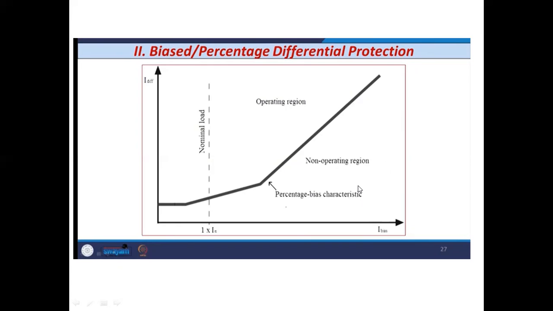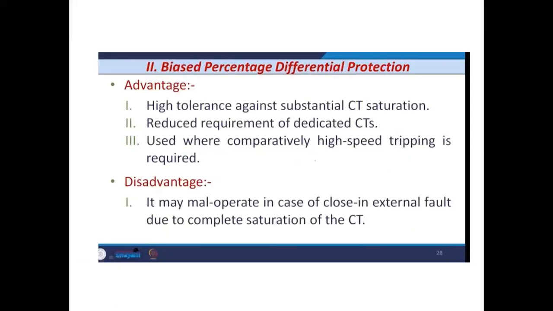Now, the advantages of the biased differential protection scheme include, number one, high tolerance against substantial CT saturation. It has a reduced requirement of dedicated CTs, and it can be used comparatively for high-speed relaying.